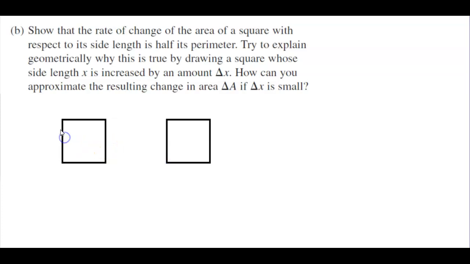Okay, so we know that we have our square here, which is x and then x. And now we're going to create this extra area on this square, so let me write that in a different color. We're going to add another section to this square.